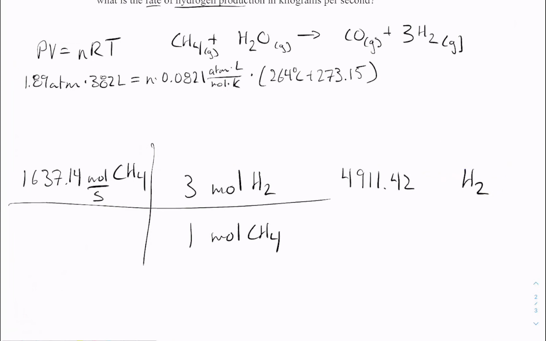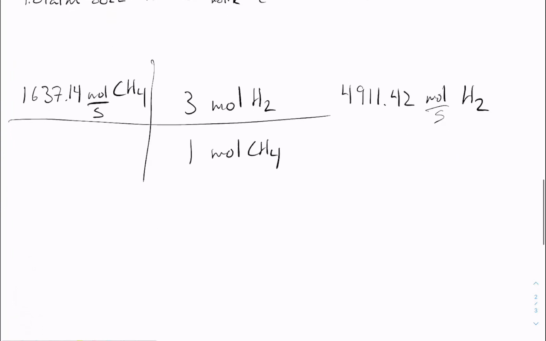Okay, so that's moles per second of hydrogen. How many kilograms of hydrogen? Yep. So 4911.42 moles per second of H2 times 2.02 grams per mole, because it's H2. And then we'll have to go to kilograms.